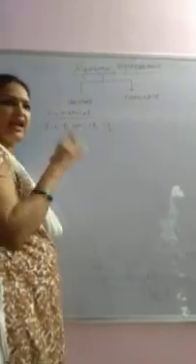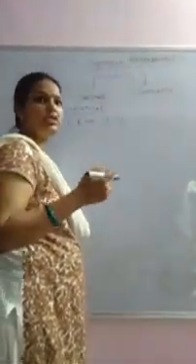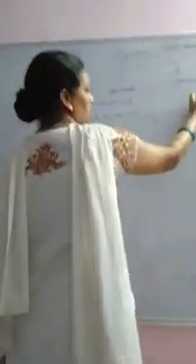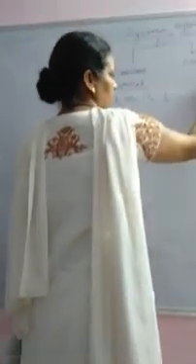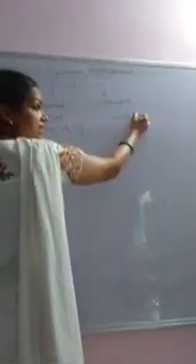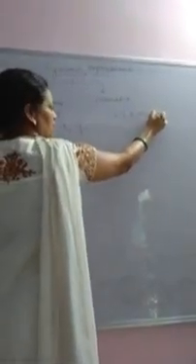These are known as numerical values. And variable, that means the value of which is not known, is known as variable. For example, x, y, z, a, b, c, etc.